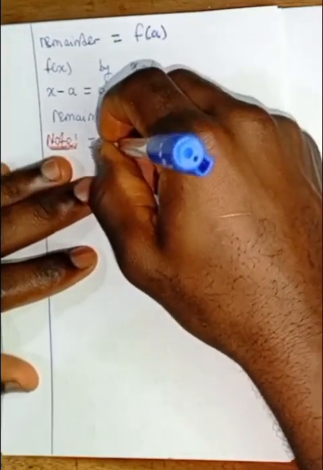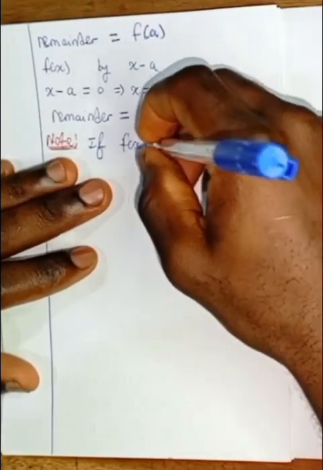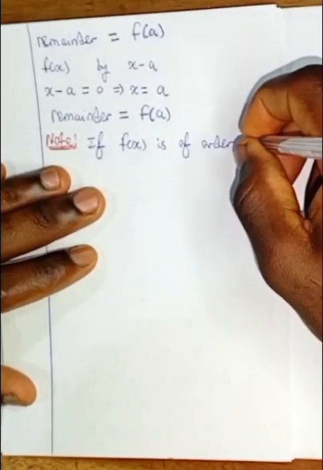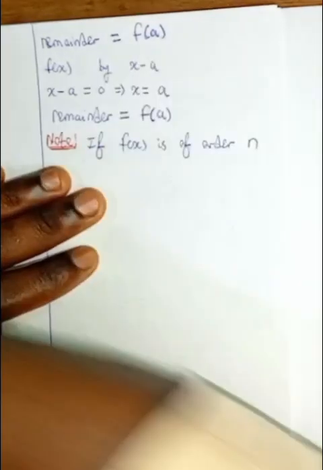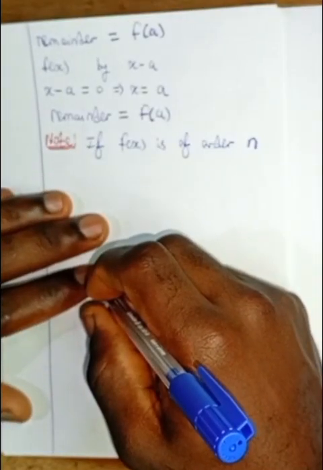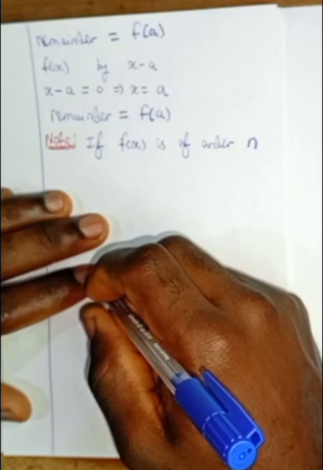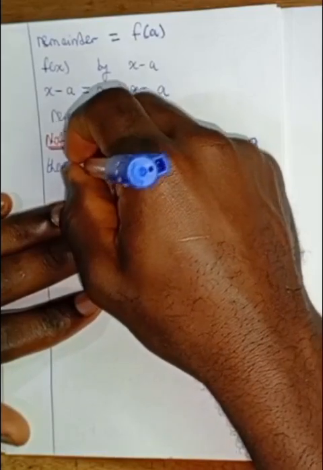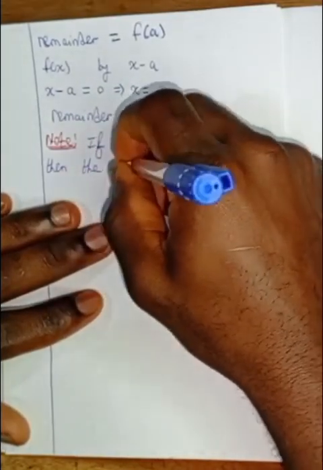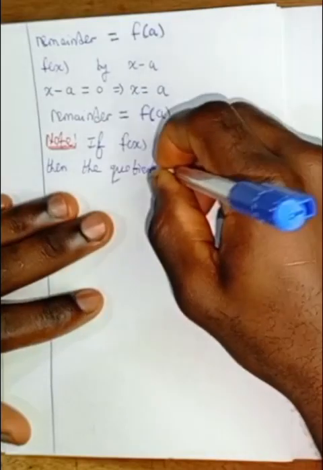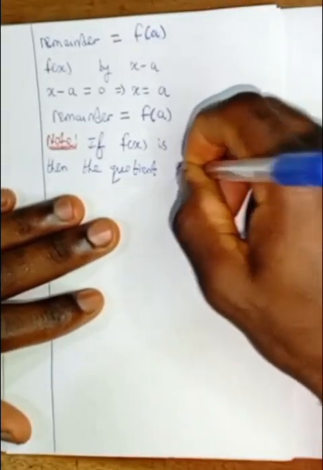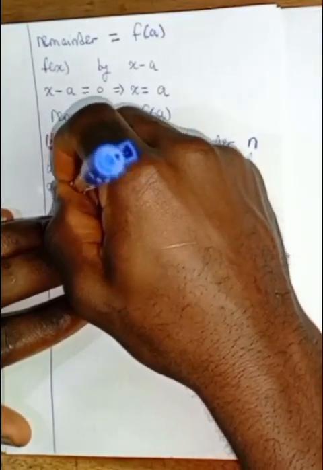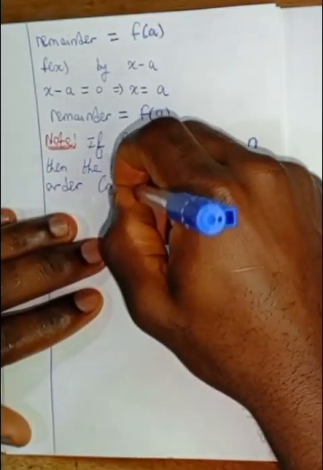If f of x is of order n, that means the polynomial which is to be divided by x minus a, if it is of order n, then the quotient g of x is of order n minus 1.